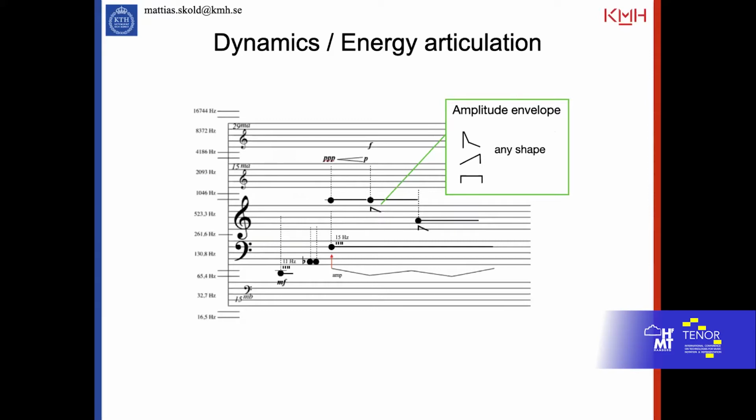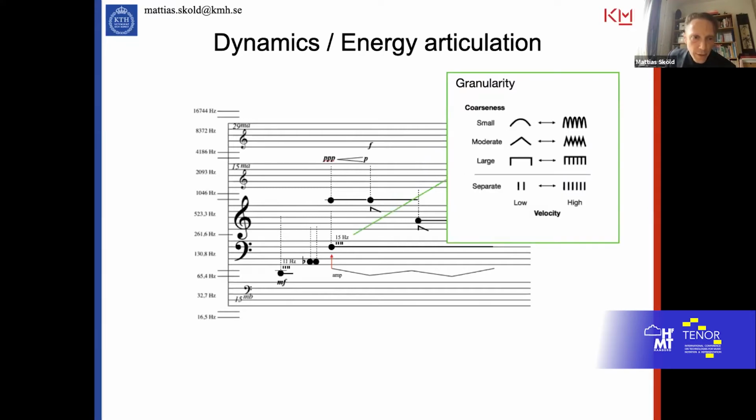Moving on to dynamics and energy articulation, I introduce amplitude envelopes placed below the sound object, which can have any shape. And still looking at the same example, I have granularity, which is almost identical to Thoresen's notation, but he calls it granular gate from Schaeffer's allure, or I'm not pronouncing that correctly, but anyway.